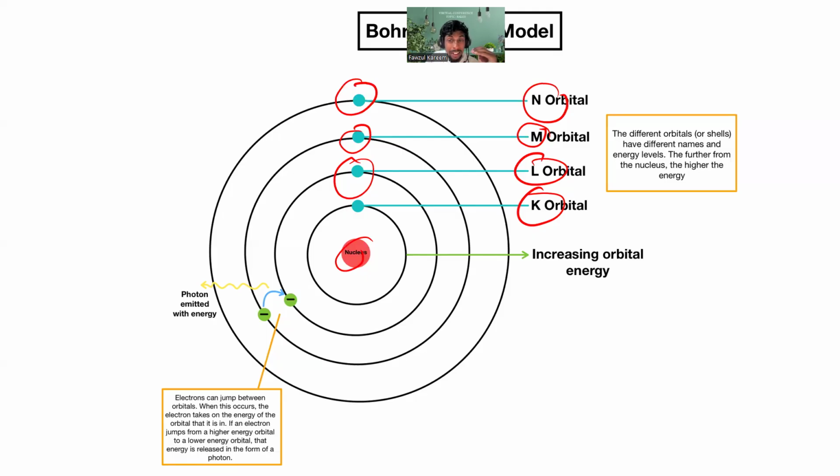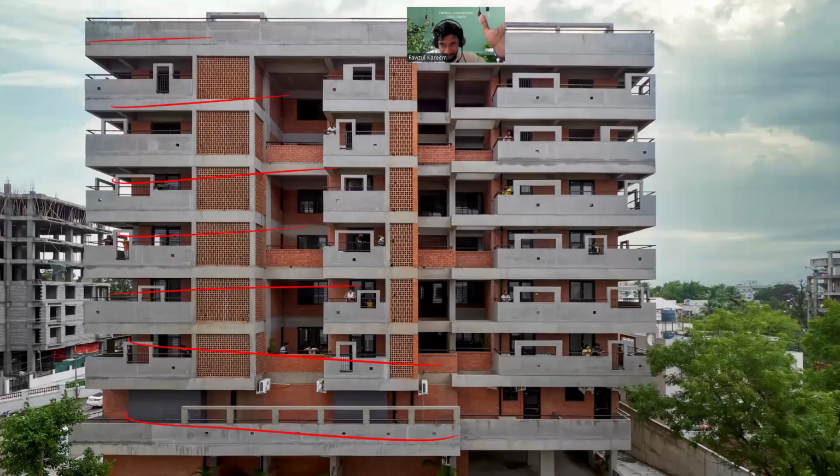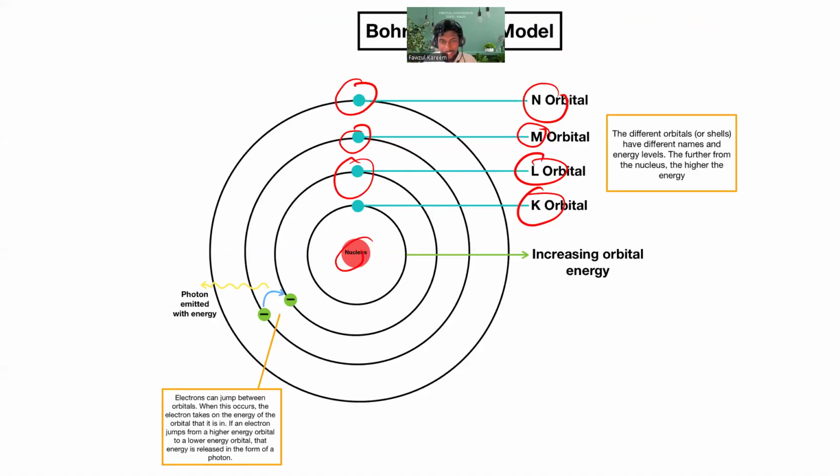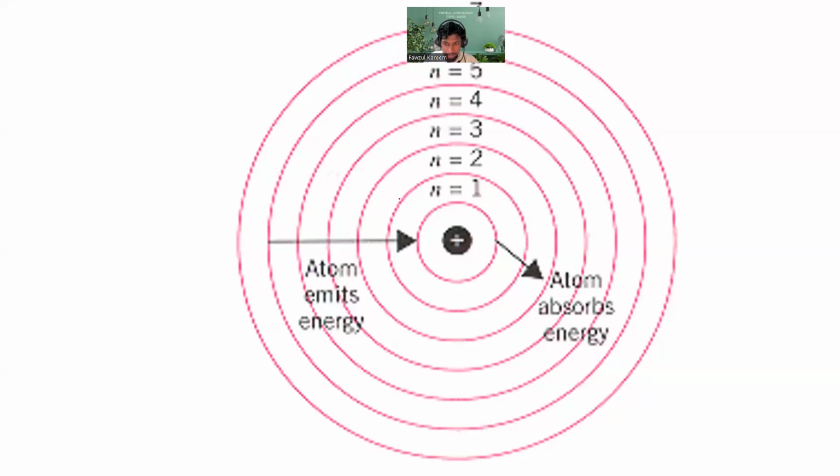If we explain a building, we say first floor, second floor, third floor, but for the atom we can't say like that. So atoms have shells: K, L, M, N, or we can say 1, 2, 3, 4.